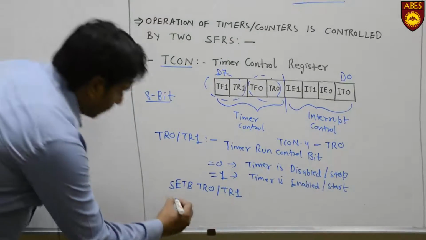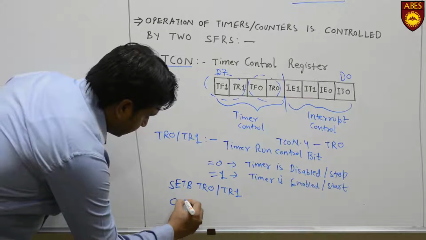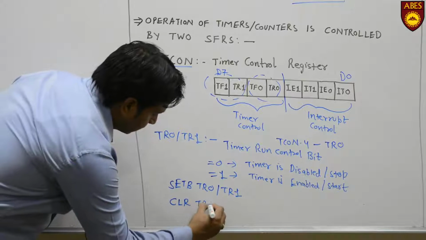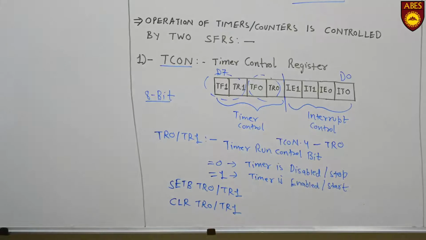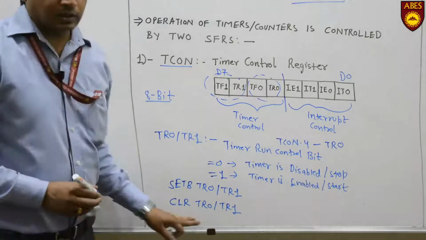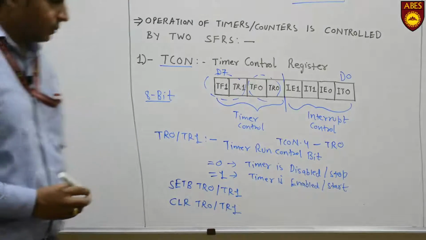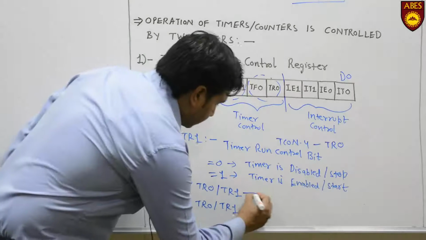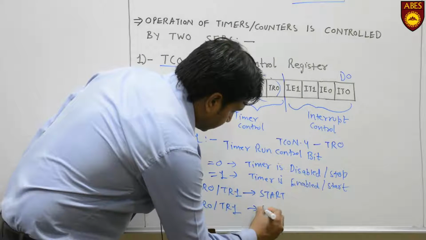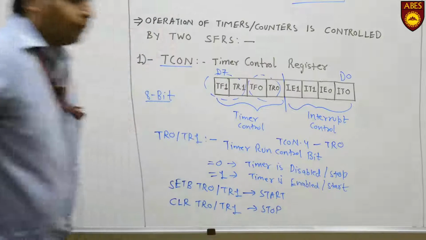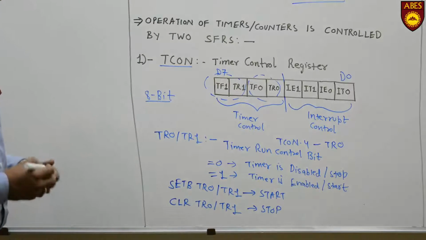Similarly, if we want to stop the timing function, we will write the instruction CLR TR0 or TR1. Again, depending on whether we are using timer 0 or timer 1, we can stop the timer with the help of the instruction CLR TR0 or TR1. So this instruction is used to start, and this one is used to stop the function of the timer or counter.